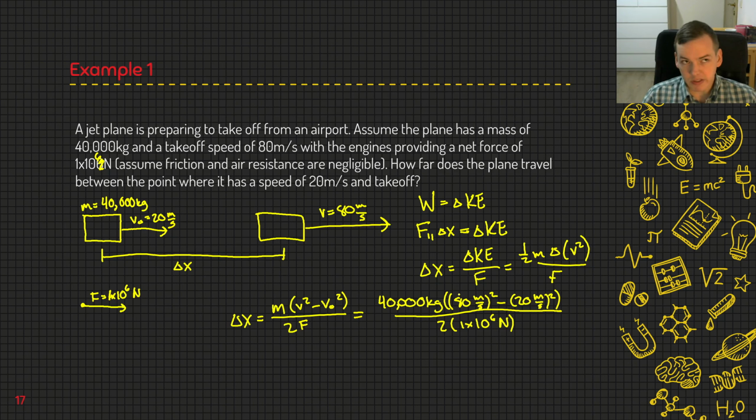80 squared will be 6,400. 20 squared will be 400. Is that right? Yes. But I'm going to double check because now I'm second guessing myself. 80 times 80, 6,400.